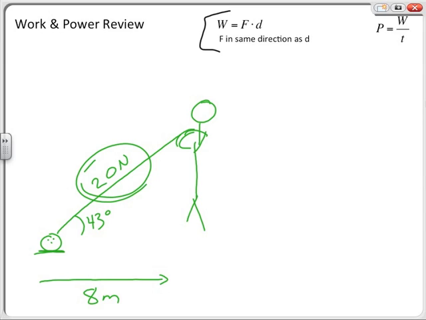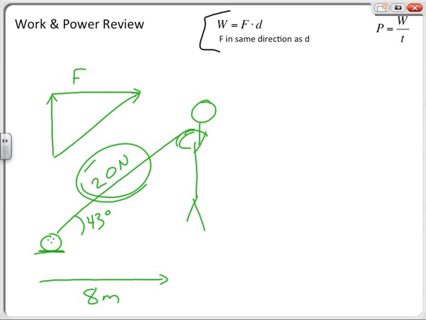So how do I figure out how much work I do dragging the bowling ball horizontally across the floor? My force is in this direction. My displacement is horizontal, so I cannot just multiply the numbers together. What I'm going to do is figure out the components of the force. I don't really need to know the vertical component, so I'm not going to focus on it.